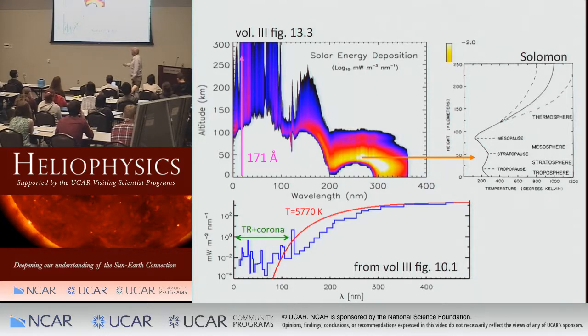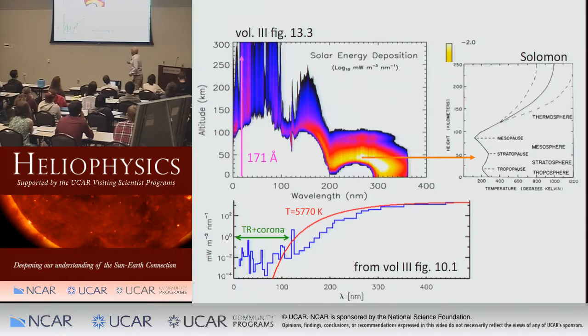This is the wavelength of light, 0 nanometers up to 400 nanometers. 400 nanometers, 4,000 angstroms. What's that? It's visible, sort of a bluey kind of color, right? And then everything here is ultraviolet, extreme ultraviolet, X-rays.